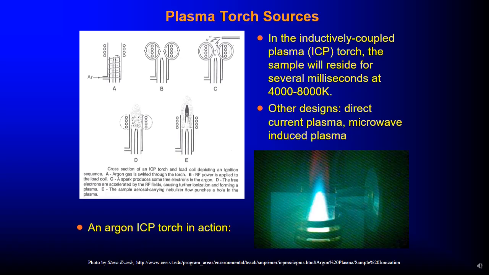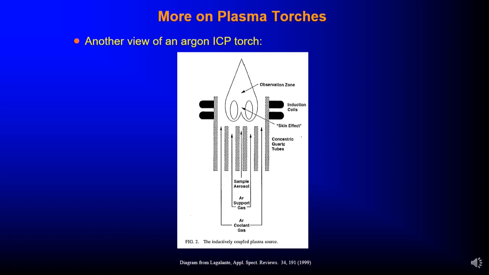Very hot, 4,000 to 8,000 kelvins. That is just another view of the argon inductively coupled plasma torch.